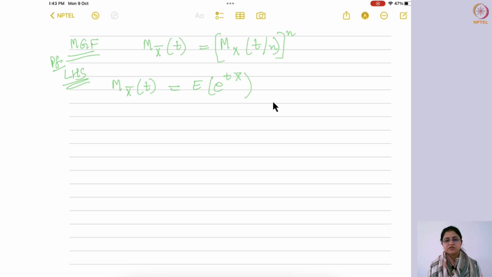Had it been just x, you would have written expectation of e raised to the power tx. Since you have the sample mean over here, you write x bar. Now, instead of x bar, you could simply write what it is. X bar is the summation of xi by n. So you can write it as x1 plus x2 and so on up till xn, whole divided by n.